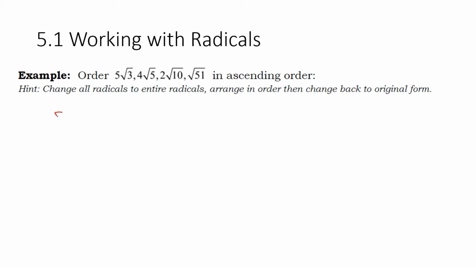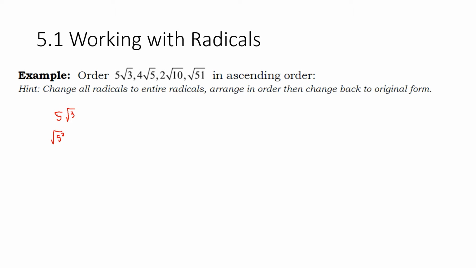If we take this 5 root 3 and convert it into an entire radical, remember we have to put this 5 underneath a square root. In order to do that, we take the square root of 5 squared. These two values are the same. The square root of 5 squared is 25, the square root of that is 5.